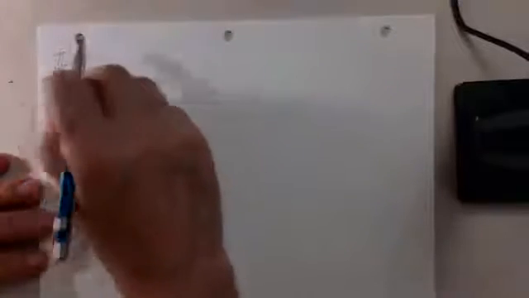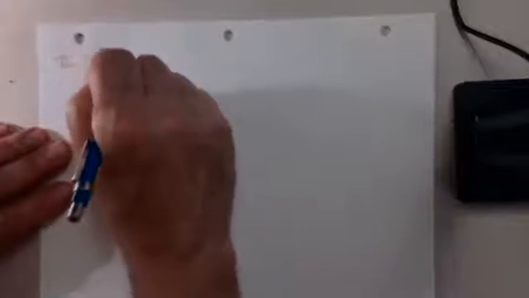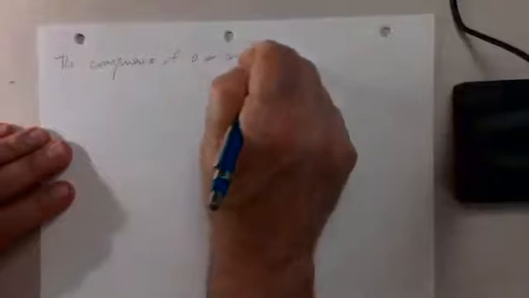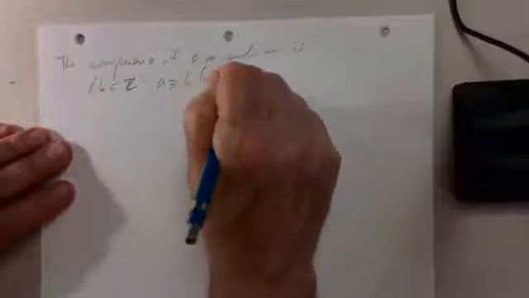So we have these congruence classes. So what is the equivalence class of a mod m? We call that a congruence class. So the congruence class of a modulo m is the set of all integers b such that a is congruent to b mod m.